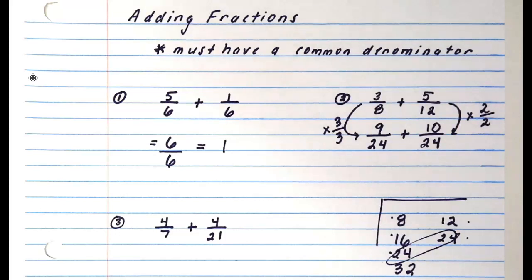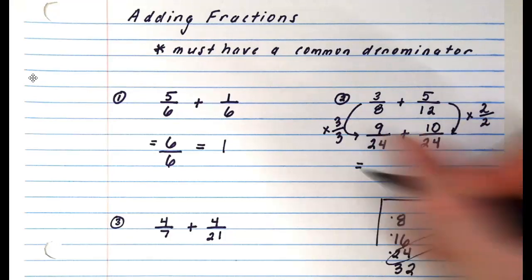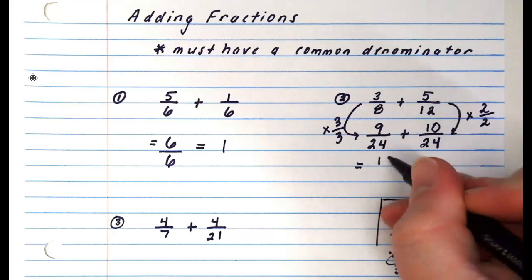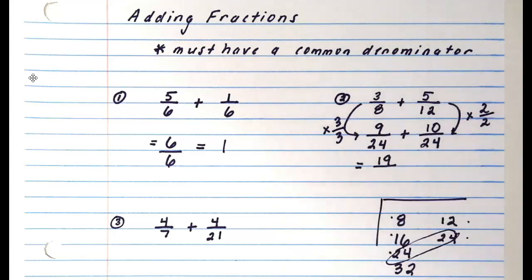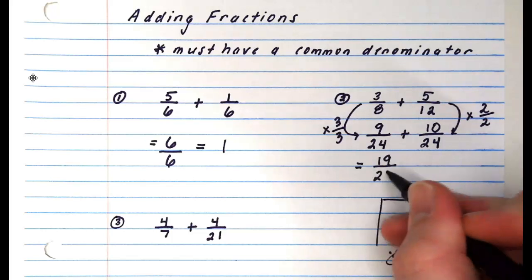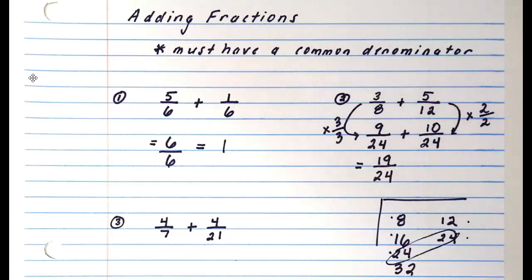So now we have fractions that have common denominators that still hold the value of the original fractions. And now we're ready to add. So 9 plus 10 is 19, and we keep the denominator of 24. Don't change it to 48. We're not adding the denominators.